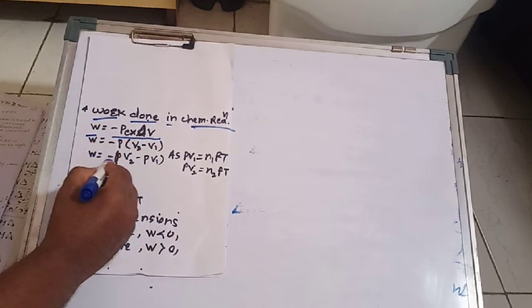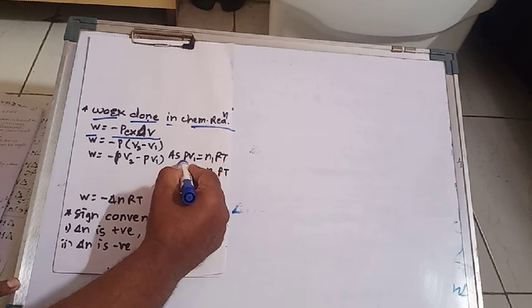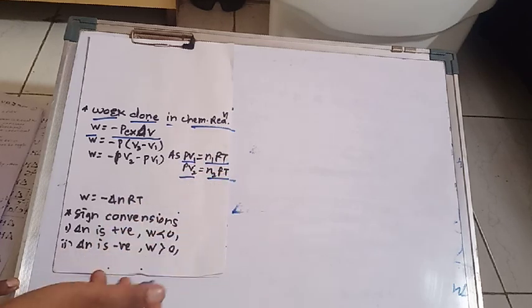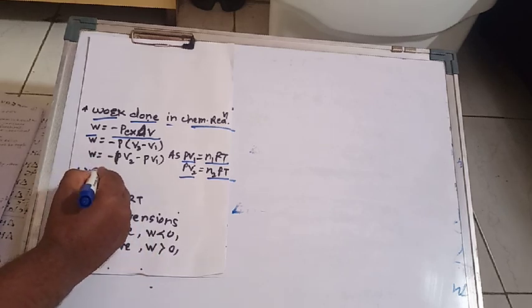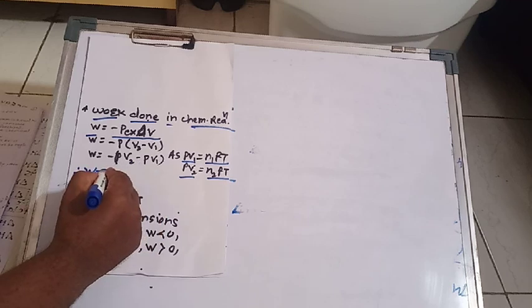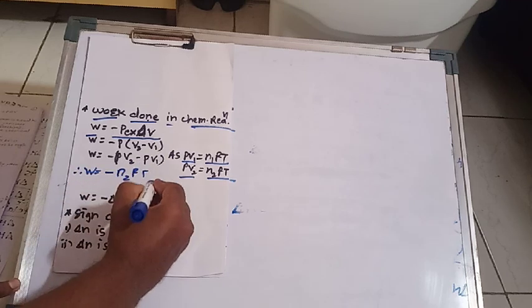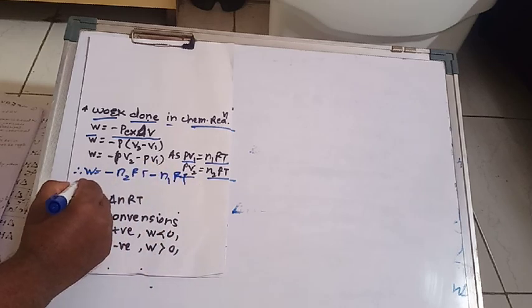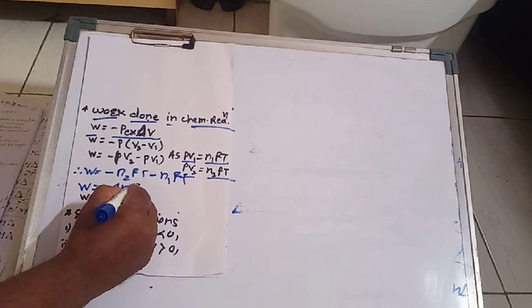Therefore, W is minus P2 V2 minus P1 V1, as P1 V1 is equal to n1 RT and P2 V2 is equal to n2 RT. Therefore, W is equal to minus n2 RT minus n1 RT. So this becomes W is equal to minus delta n RT.